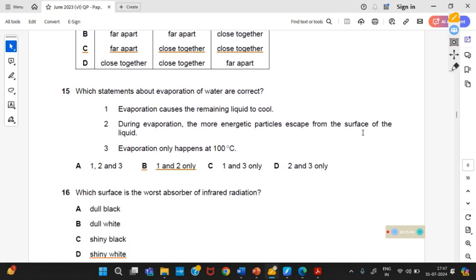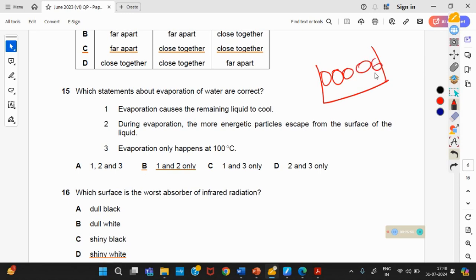Which statements about evaporation of the water are correct? Statement 1 says evaporation causes the remaining liquid to cool. Is it right? Yes, it is right, because let's suppose these are the water molecules and the water is kept on fire.